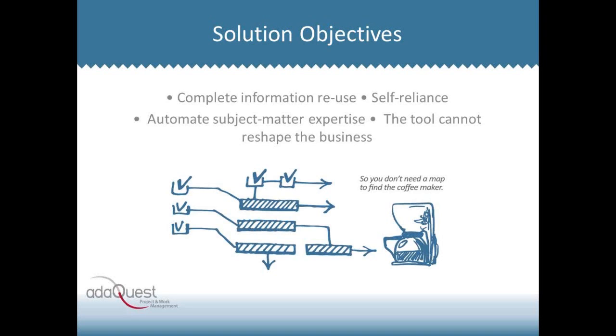Okay, AdaQuest believes very strongly that technology is here to enable your organization to improve what you do, not to radically change and alter what you do. Software is an enabler. Software is not the end game.